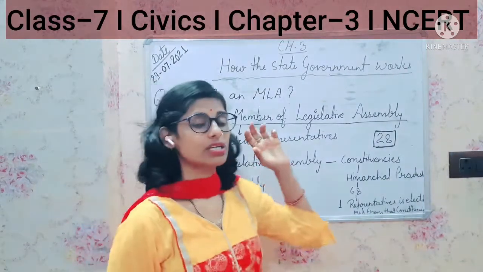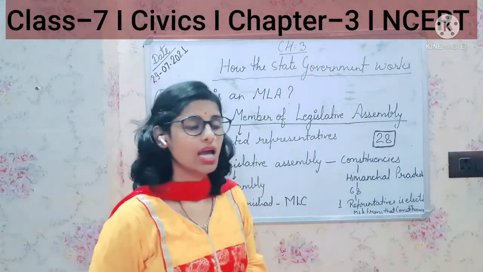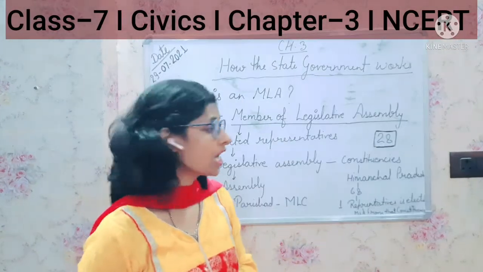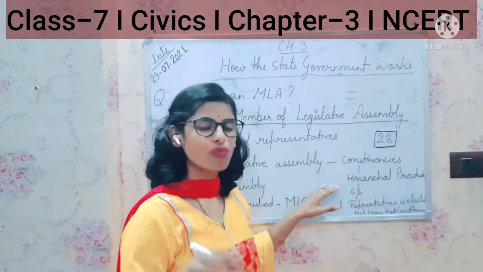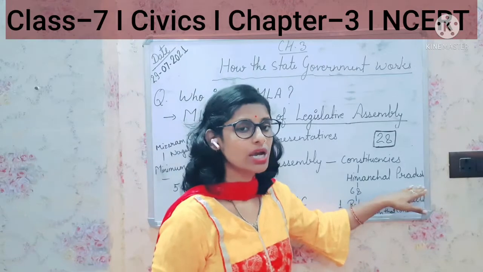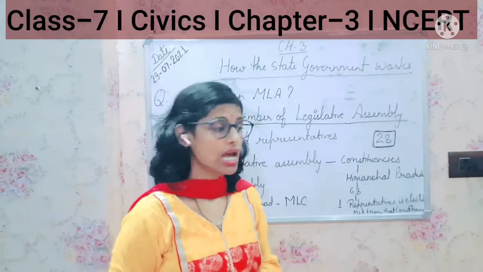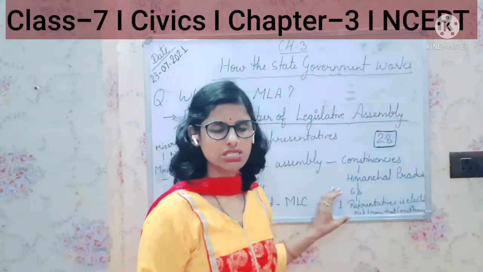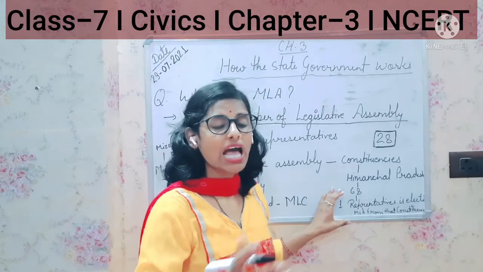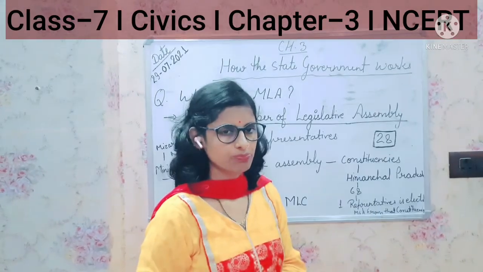It means the 28 states will have their own legislative assembly, and the states are divided into different constituencies. One example is given in your book about Himachal Pradesh. In Himachal Pradesh there are 68 constituencies, and from each constituency the people elect their representatives, who are known as MLAs.